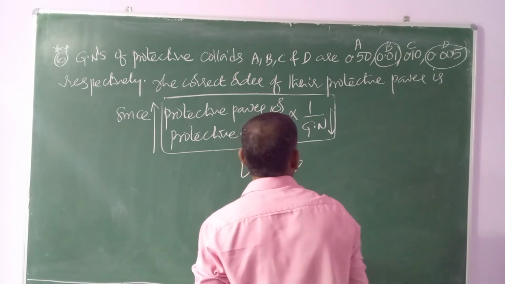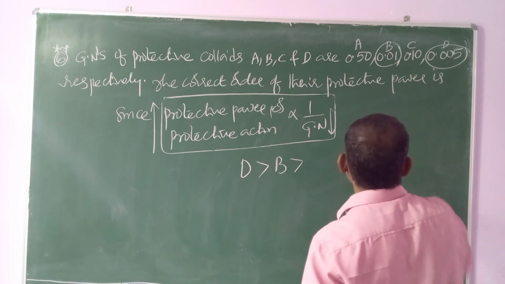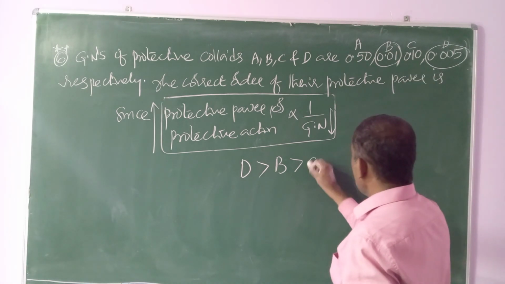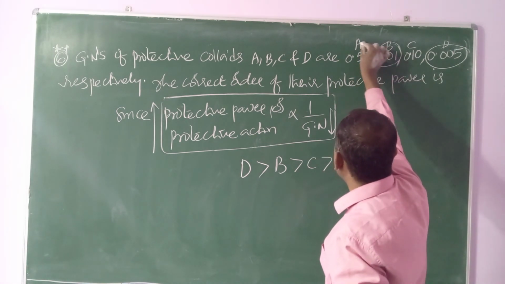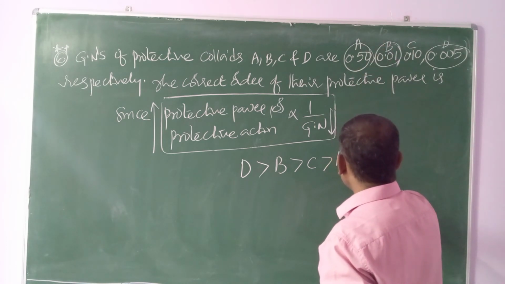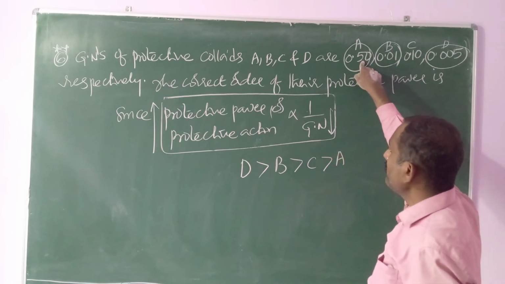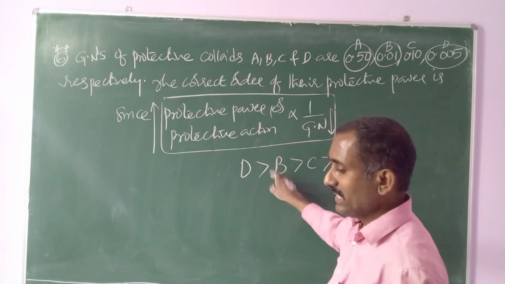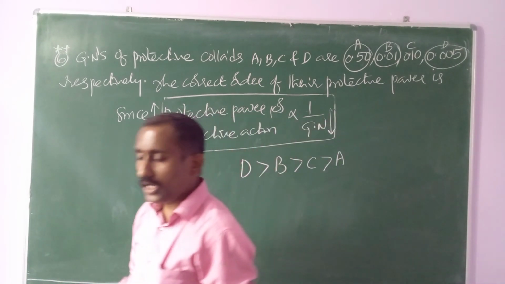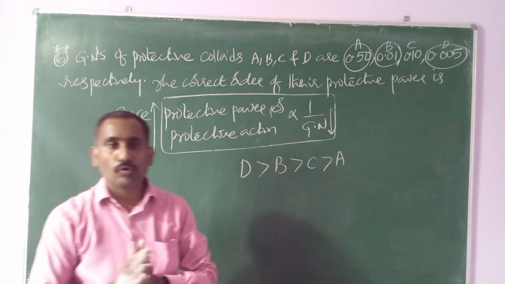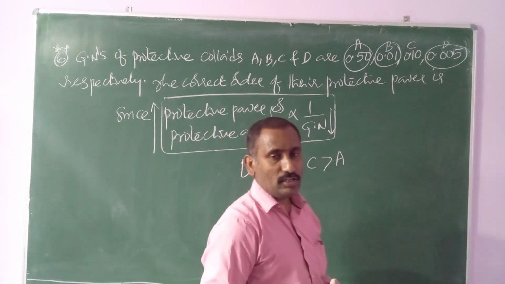Next to B, which has less gold number, C. And lastly, which has more gold number, A. For A, gold number is high. Gold number high means protecting power is less. So this is the order of protecting power of 4 given lyophilic sols.